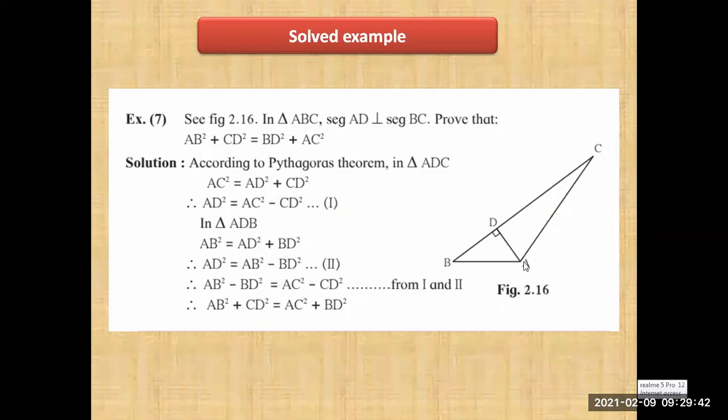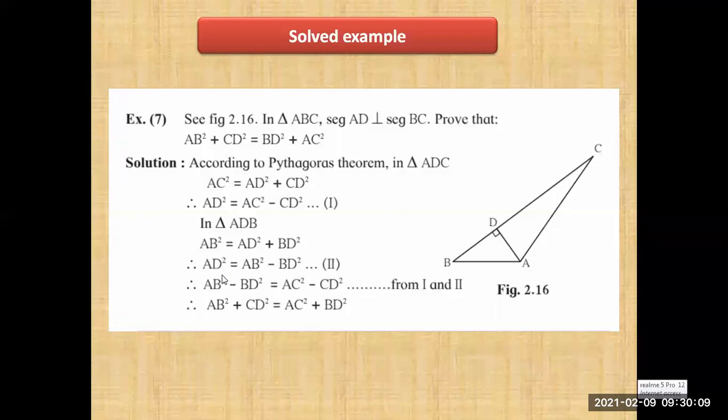Then again, in triangle ABD, according to Pythagoras theorem, AB square is equal to BD square plus AD square. So from this, again find the value of AD square. AD square is equal to AB square minus BD square, equation number 2. So see equations 1 and 2. The left hand side is equal, AD square, so we equate the right hand sides.